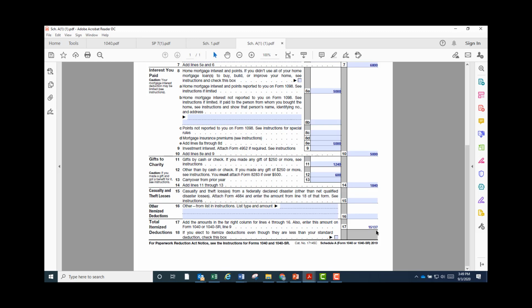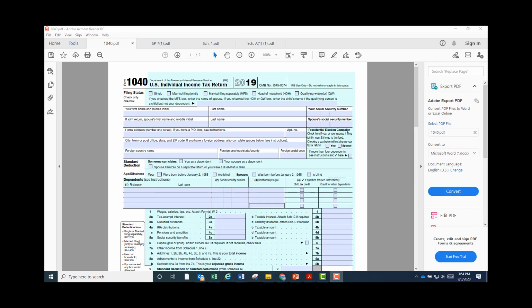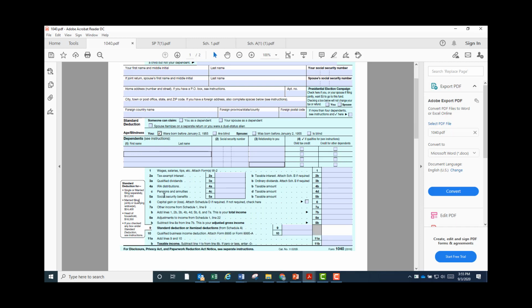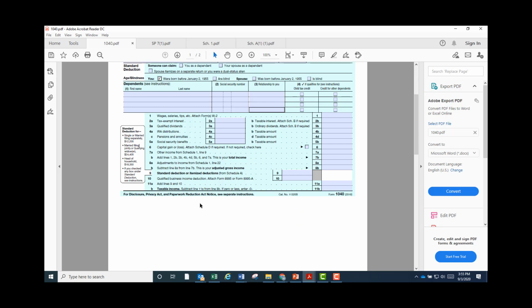It gets deducted from taxable income, right? On Form 1040, don't forget to make the checkbox here for single filing status as well as being born before 1955, taxpayer over age of 65. And so the standard deduction is $12,200 plus the additional standard deduction of $1,650 for a total standard deduction of $13,850.